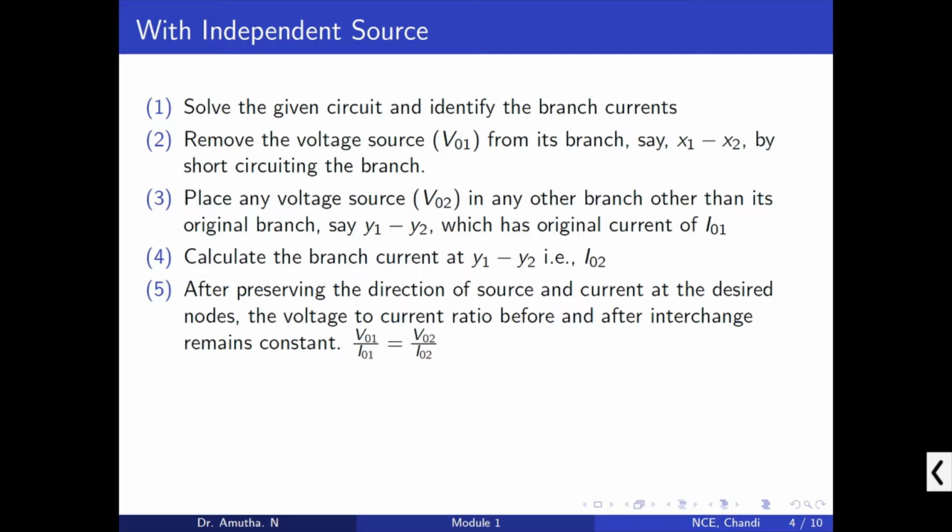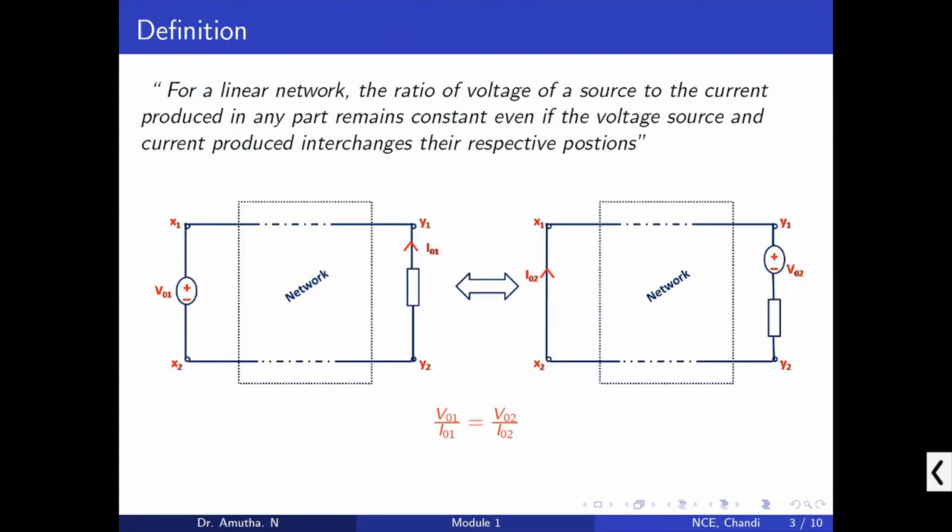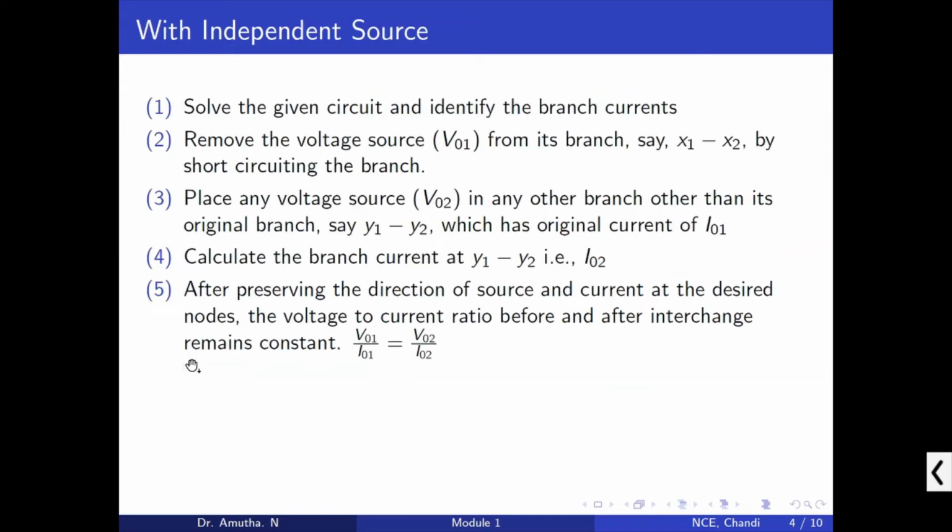Then remove the voltage source from that branch, so here it is X1, Y1, by short circuiting the branch. After that we have to place a voltage source at the other end, that is Y11, which has the original current of I01. It need not be V01, it can be some other voltage source.